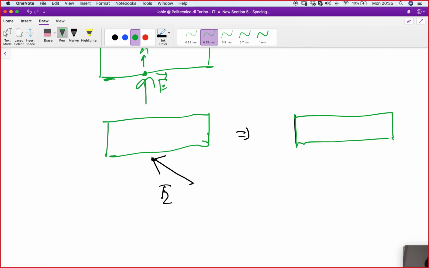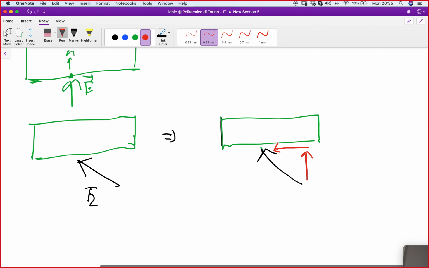So this field that comes like this can be split into two components, the tangent component and the normal component. Yes or not?